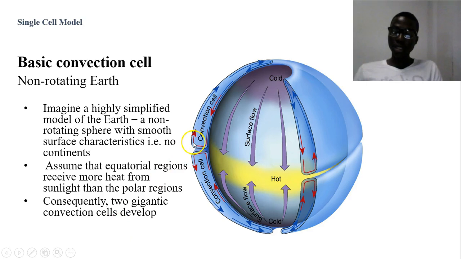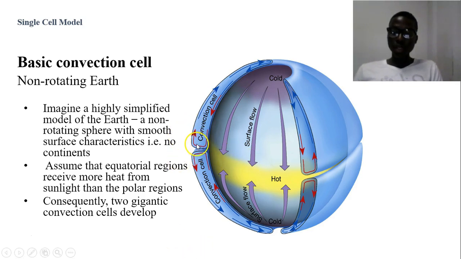So the air loses heat and becomes cold. And as it becomes cold, it starts to sink back to the land surface, where it becomes heated and starts to rise up again. And we basically end up having that basic convection cell.